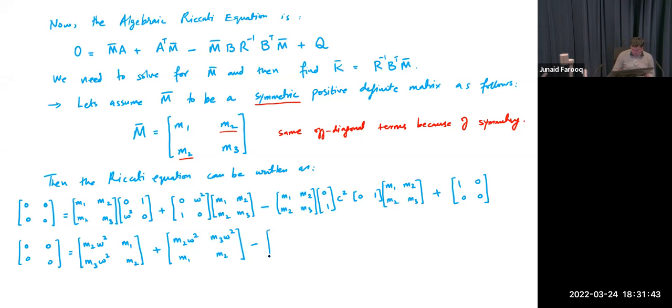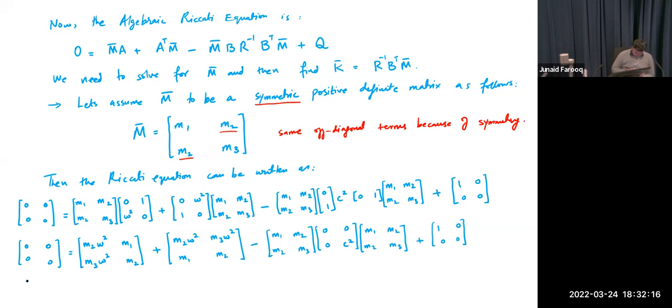So M stays here. In the middle, what we have is a 2 by 2 matrix, and then again the M, plus 1, 0, 0, 0.